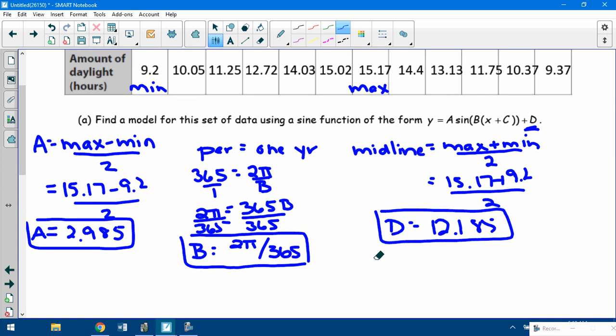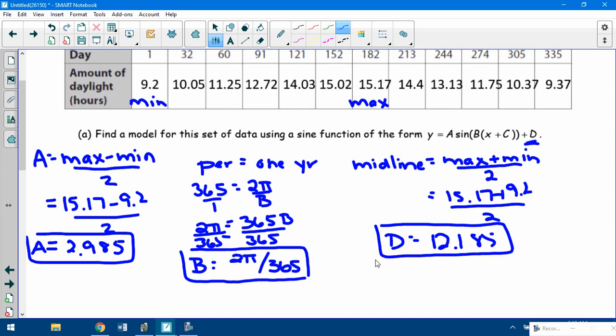Okay, so to find the phase shift, it's the same as a second ago. This would look like a negative cosine. We've got to shift it so that it starts at that midline. So scan through which value is closest to the midline. And there's nothing exactly 12.185 this time, but I guess this is the one that's closest to the midline.